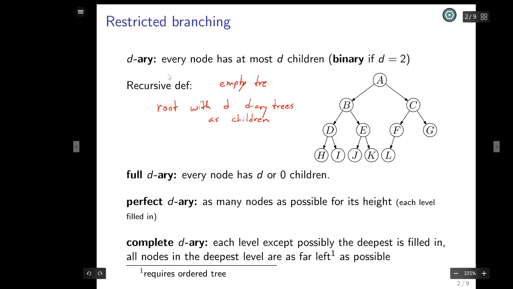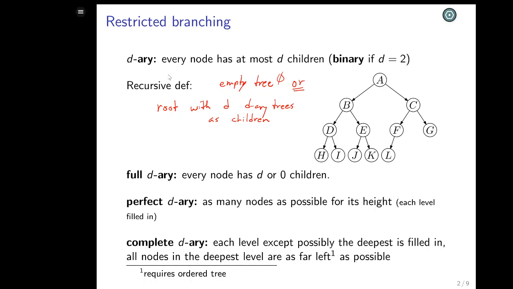Let's call the empty tree null. The empty tree, or a root, a node, along with d-ary trees as children.